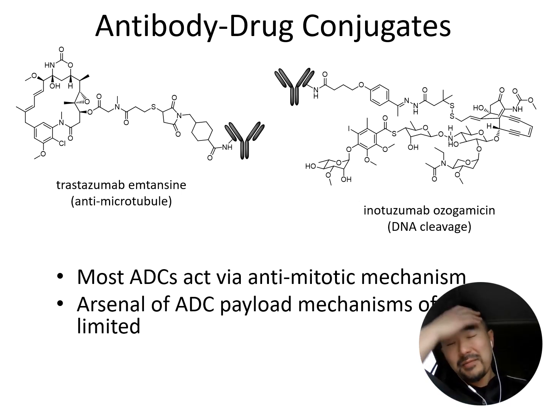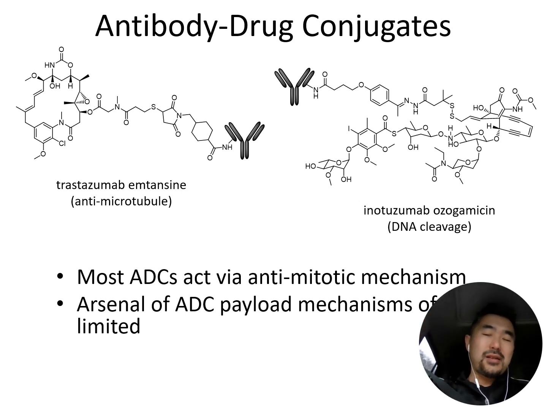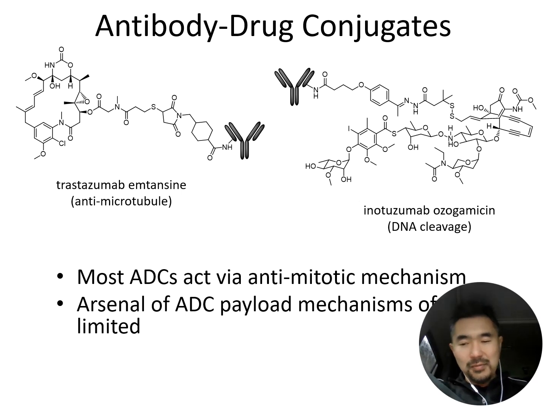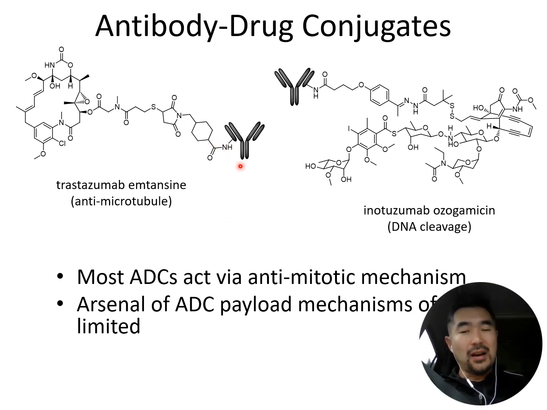Another class of compounds often used in the last 1 or 2 decades or so are the antibody drug conjugates, or ADCs. I think we've discussed this a little bit in our protein modification unit. The way these work is by modulating where the drug molecule gets delivered, by attaching the drug molecule to an antibody that seeks out certain proteins expressed on the surface of cancer cells.